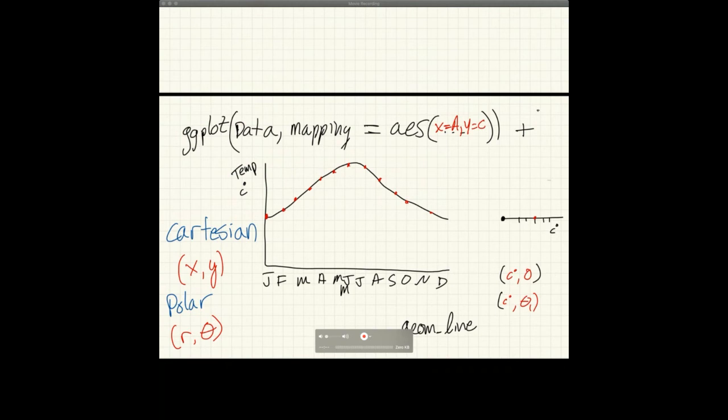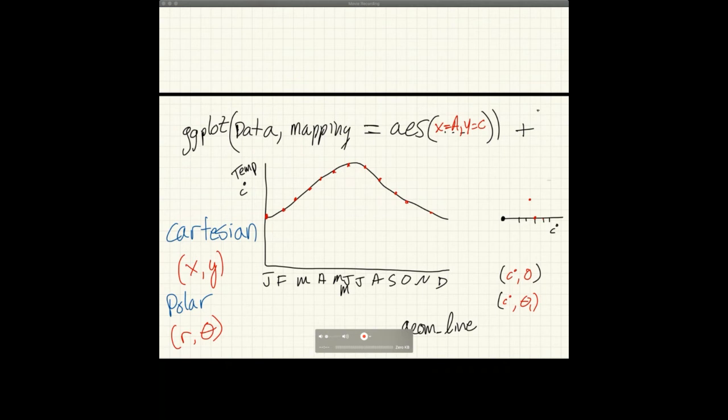So I go to the February temperature, which in this example is slightly warmer, and then I go around a particular number of degrees. So in this case, let's say the February temperature goes there.